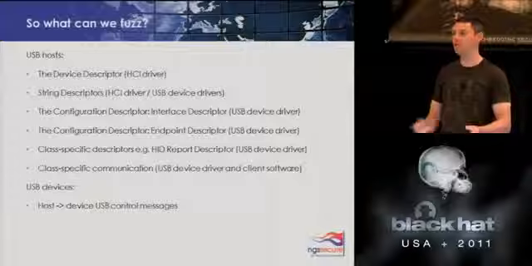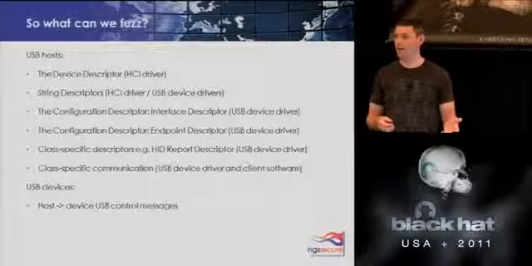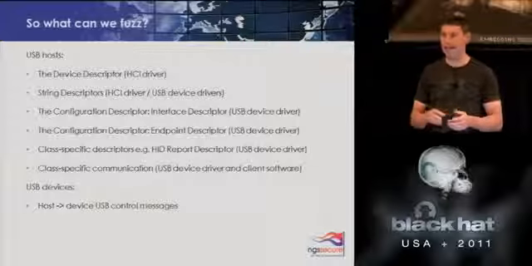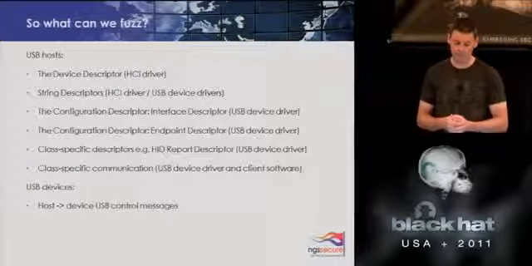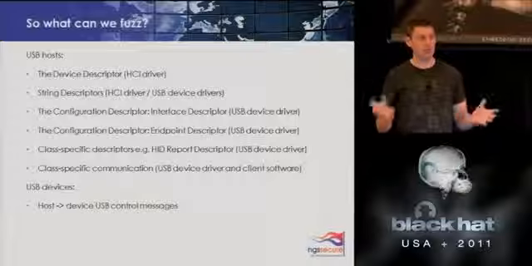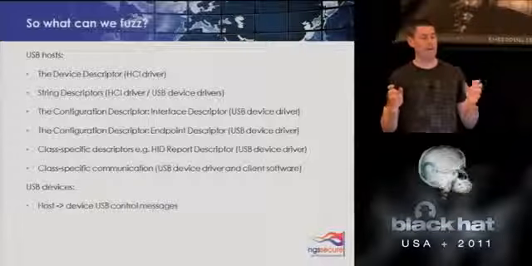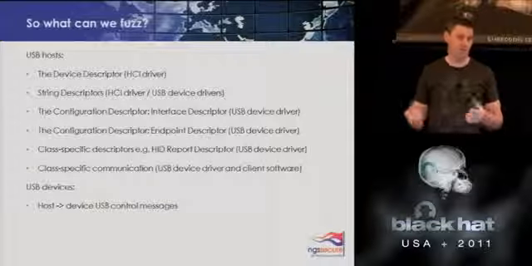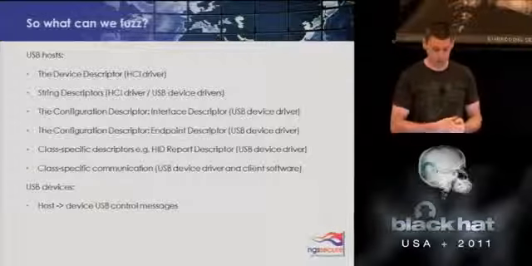So for example, if you're using a mass storage device, there's lots of SCSI commands and things like that that are very class-specific to that type of technology. So there's a huge amount of scope for information that is being parsed by these drivers that can be fuzzed and therefore trigger software bugs.